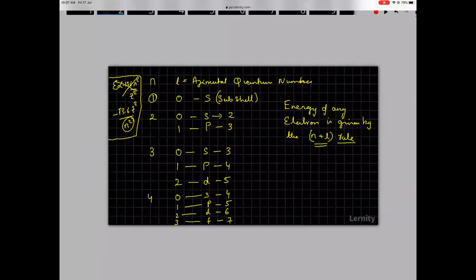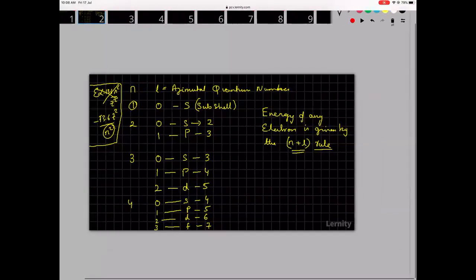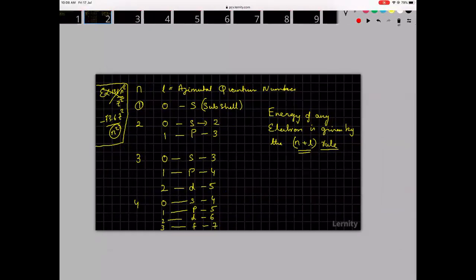Now, if you see this, there are a few orbitals which seem to be having the same energy. For example, 2p and 3s seem to be having the same energy because this is adding up to 3, and this is also adding up to 3. Now, because this has a lower principal quantum number, this energy is assumed to be lesser than this.